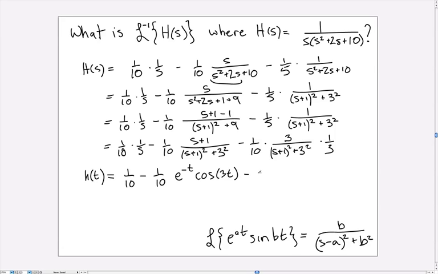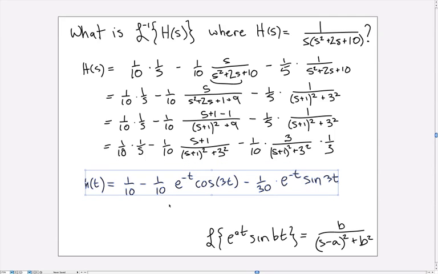And then I have a minus 1/30 times e to the minus t, as in the other term, multiplied by sine of 3t. And that is the correct h of t, inverse transform of the function we started with at the top.